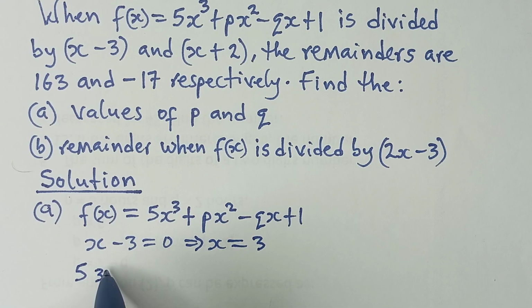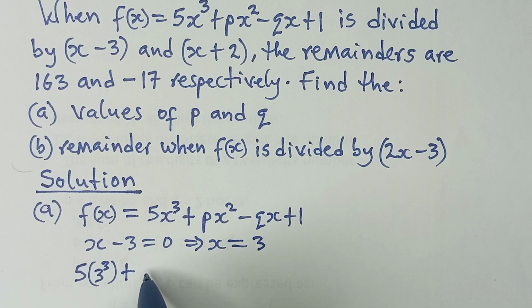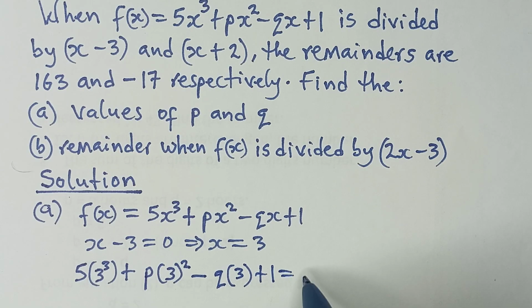So 3 cubed. And then plus px squared. That is p now. X is 3, so 3 squared. And then minus qx, which is 3. And then plus 1. And everything should be equal to 163, which is the remainder.